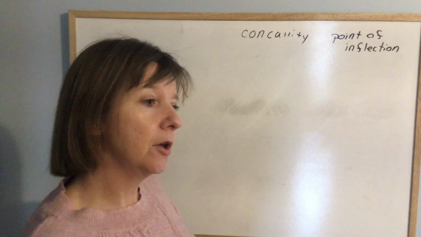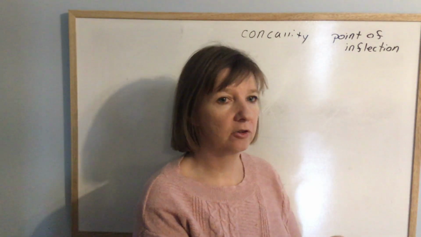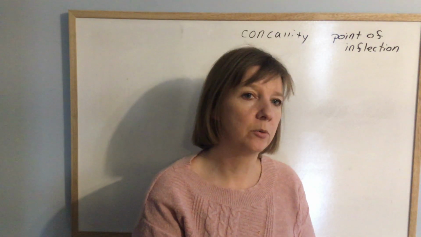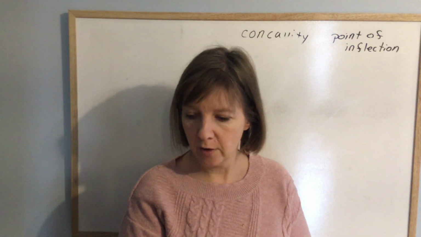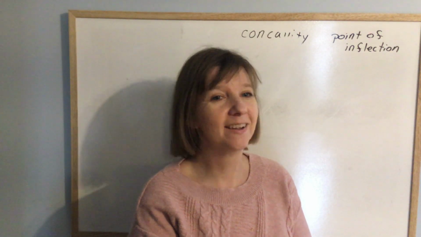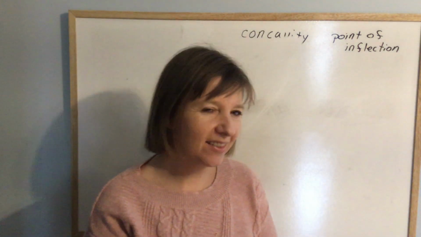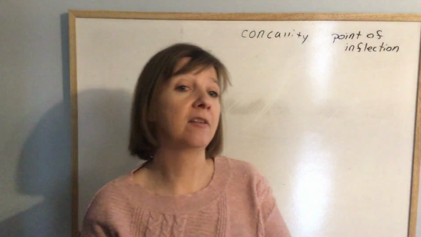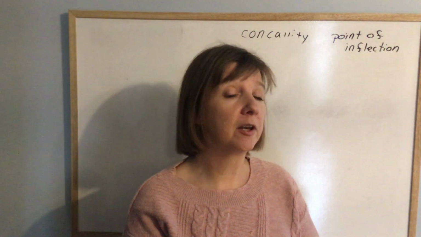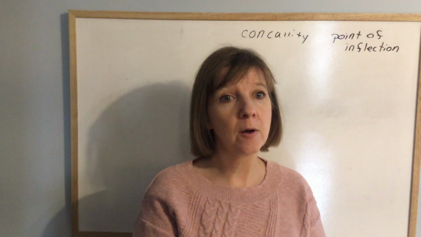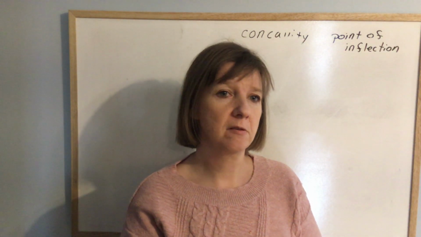Going back to sections 6.1 and 6.2, to find where a graph is increasing or decreasing, you take the first derivative, you make it equal to 0, and then you do your test points.